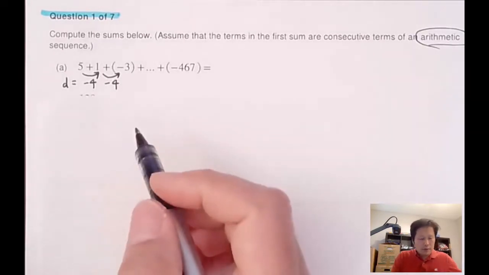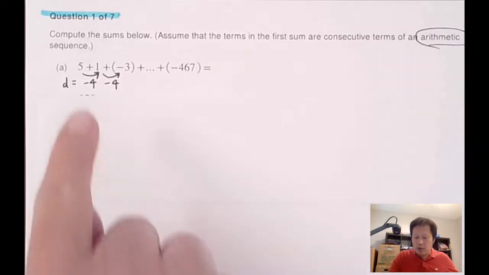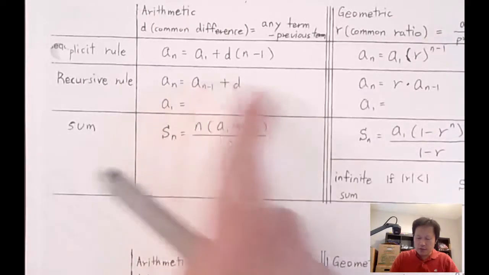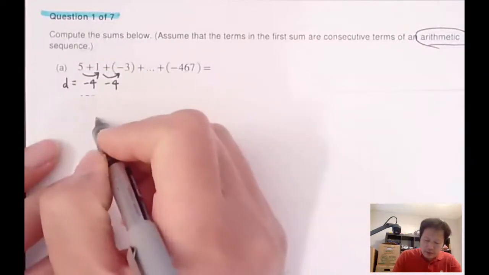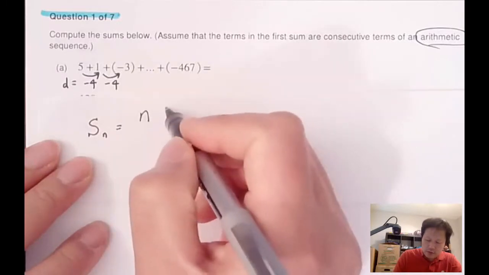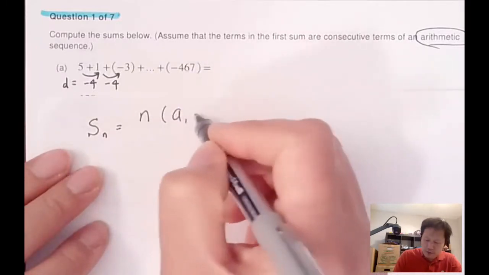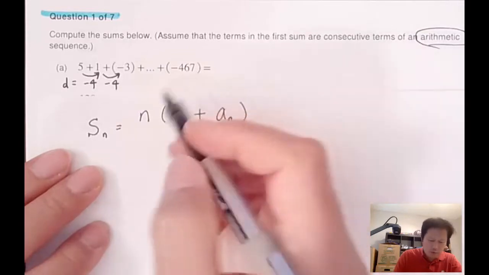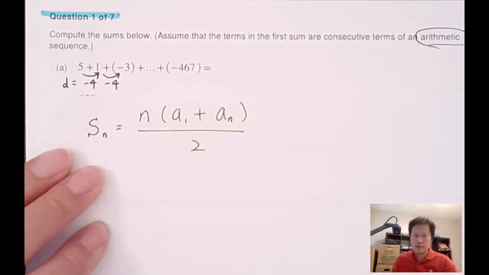So here is the summation formula for adding an arithmetic sequence. S sub n equal to n times parenthesis a sub 1 plus a sub n all over 2. That is your formula.